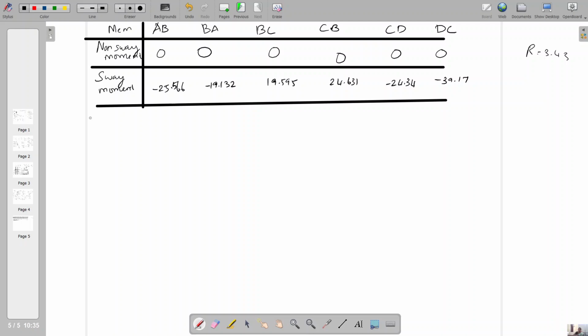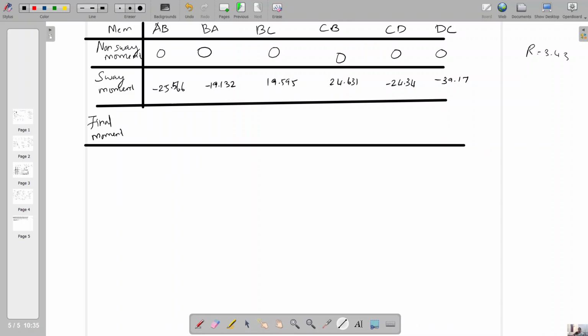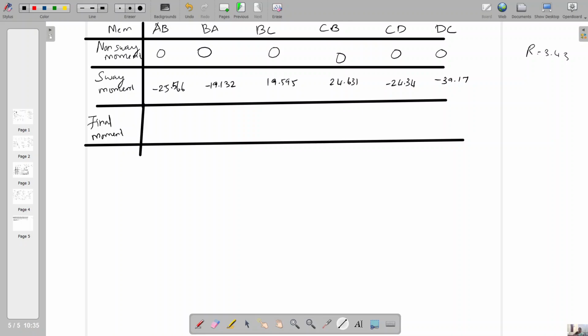So this is sway moment. Next one, final moment. You keep the formula in mind: non-sway moment plus correction factor into sway moment will give the final moment.